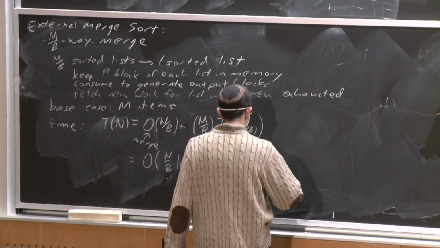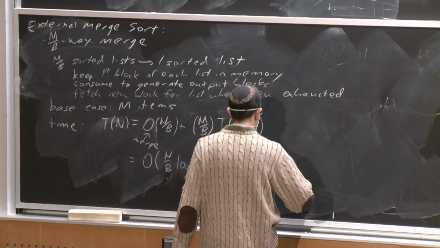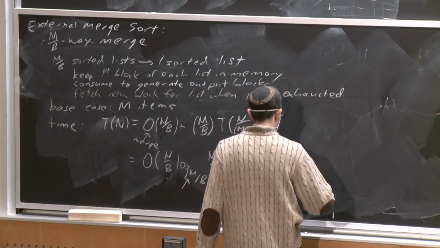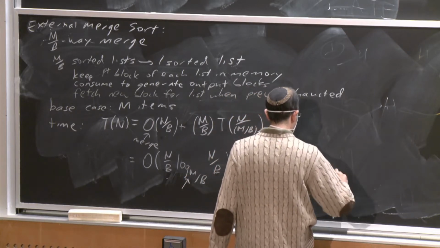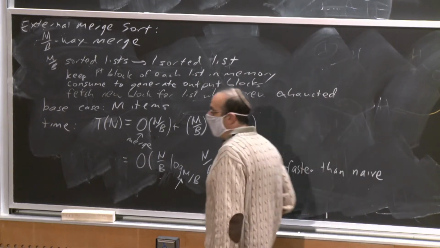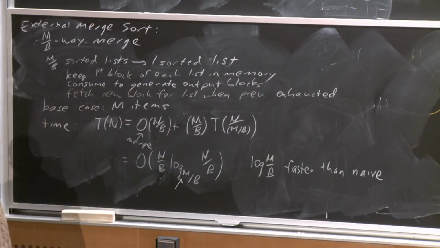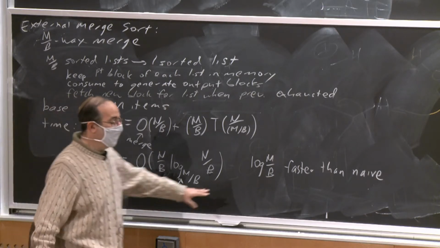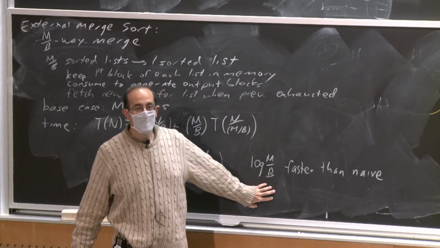So we're basically speeding things up by a factor of log M over B compared to the naive algorithms. And again, if you think about standard memory sizes, right? 32 gigabytes, and a block size of a few thousand perhaps, or more. This is really meaningful in practice, okay?